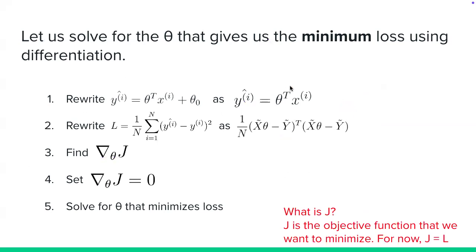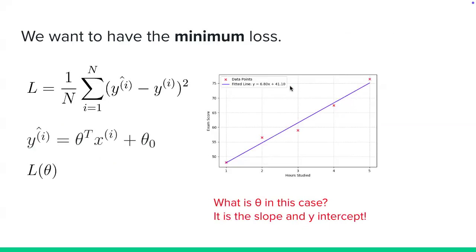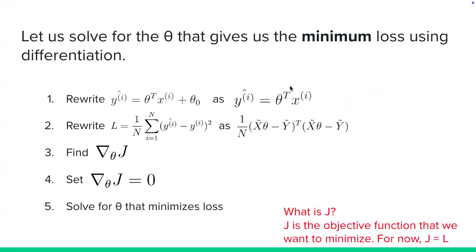Now that we know that we have to find the minimum loss, let's actually solve for the theta that gives us that minimum loss with differentiation. There are 5 steps. The first step is to rewrite our equation for the line, y equals theta transpose x plus theta naught, as y equals theta transpose x. This makes it very easy to do our calculations.